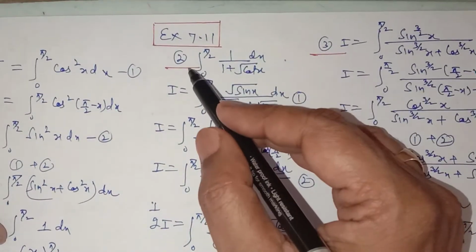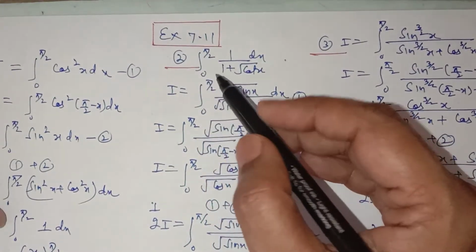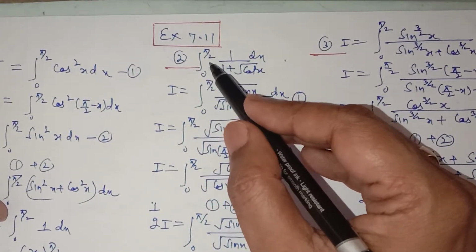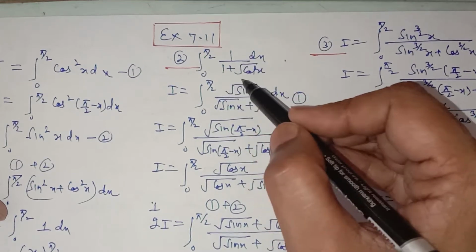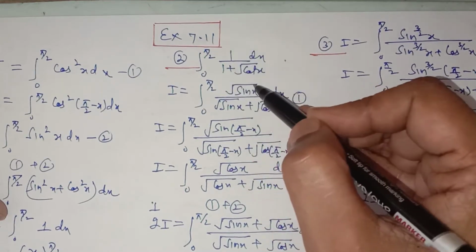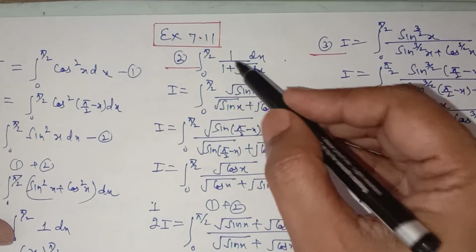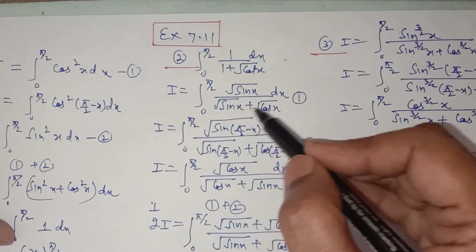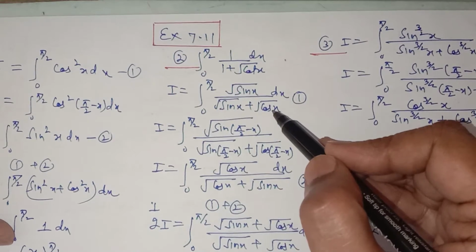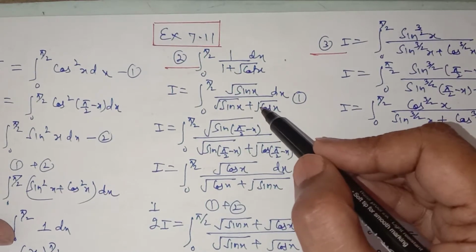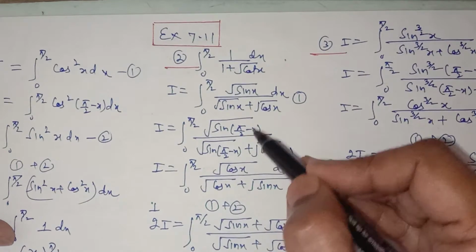Now in question number 2 also we have to use the same property. From 0 to pi by 2, the definite integral of 1 upon 1 plus root cot x. First of all, convert into sin and cos, which will become root cos x upon root sin x. It will become root sin x upon root sin x plus root cos x. Using the property, in place of x use pi by 2 minus x.